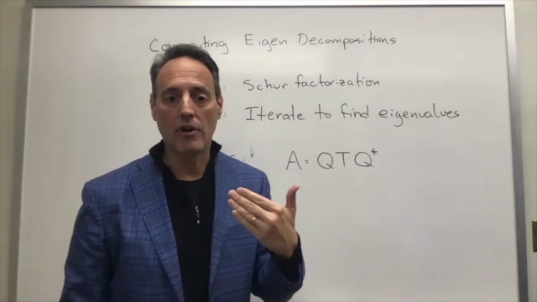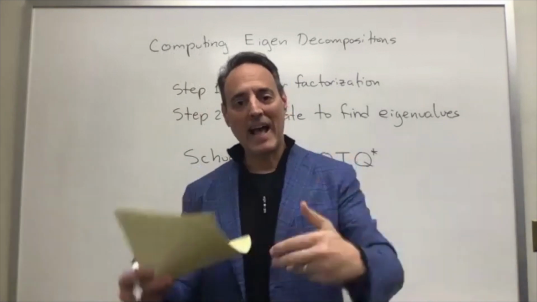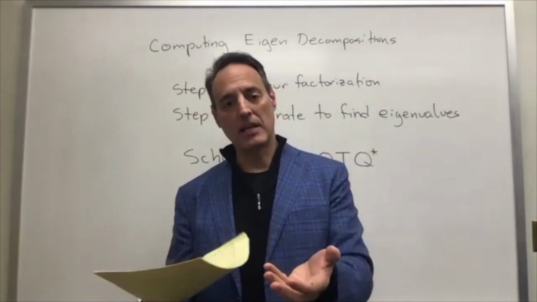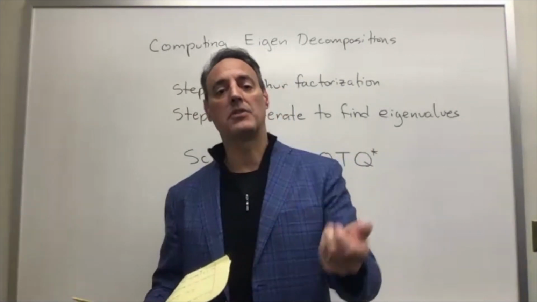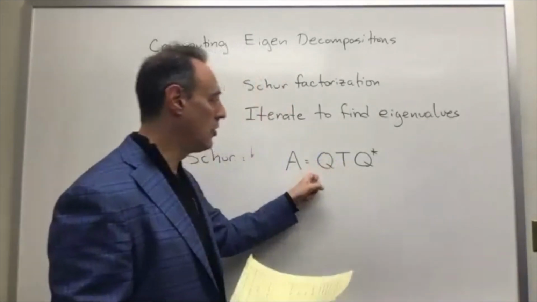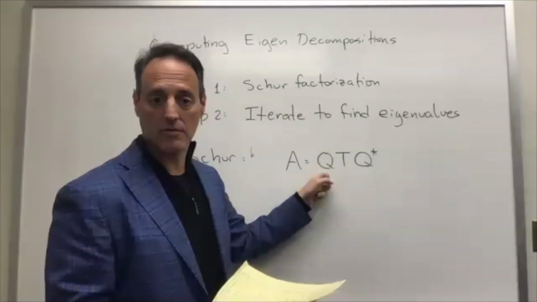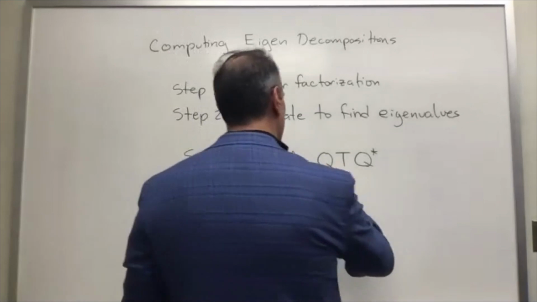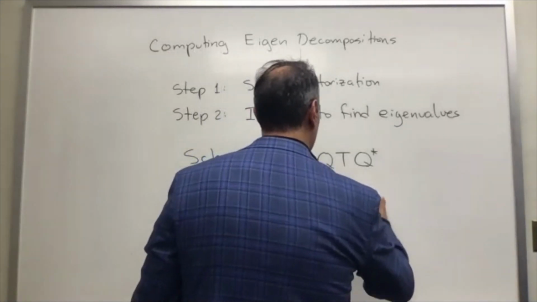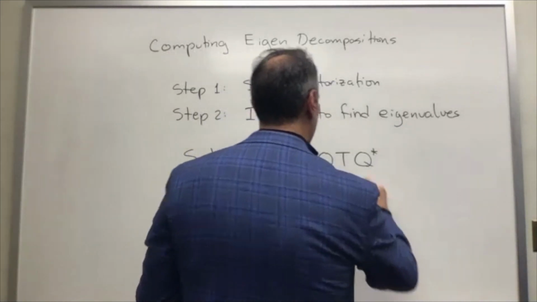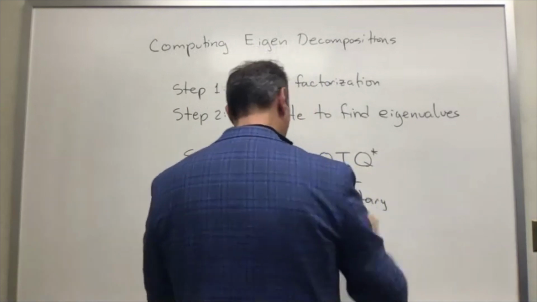So the QR algorithm was, in fact, at the very underpinnings of how to compute eigenvalues and eigenvectors. And this Q represents a unitary transformation, okay? So Q is unitary, and T is going to be upper triangular.